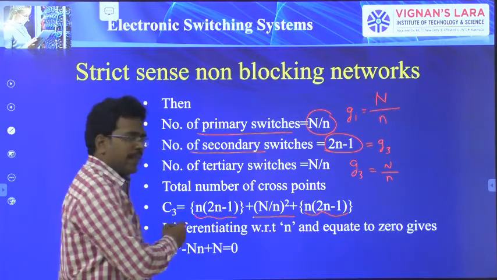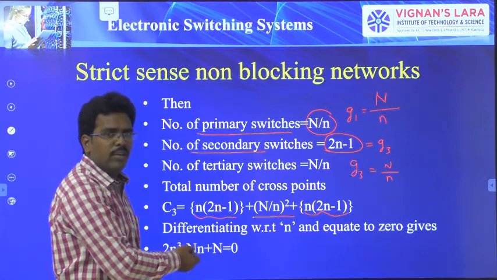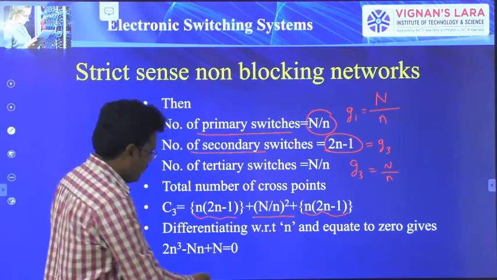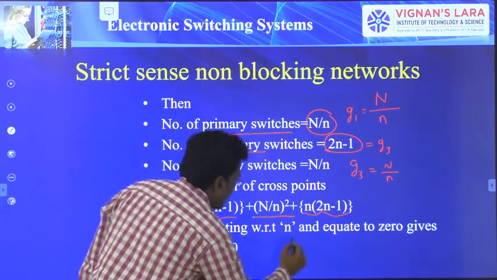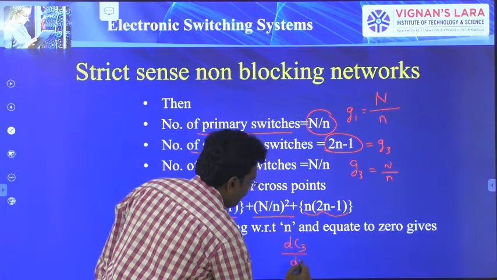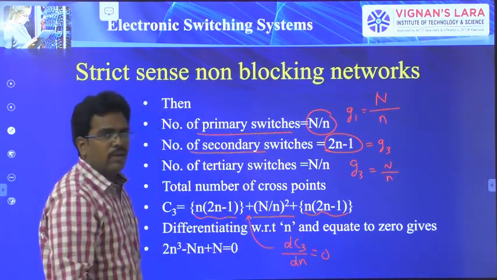So next, what do we have to do? We have to find for what value of n it is going to give the minimum number of cross points. For that we have to differentiate. So dC3 by dn is equal to 0. Differentiate this equation with respect to n and equate to 0.